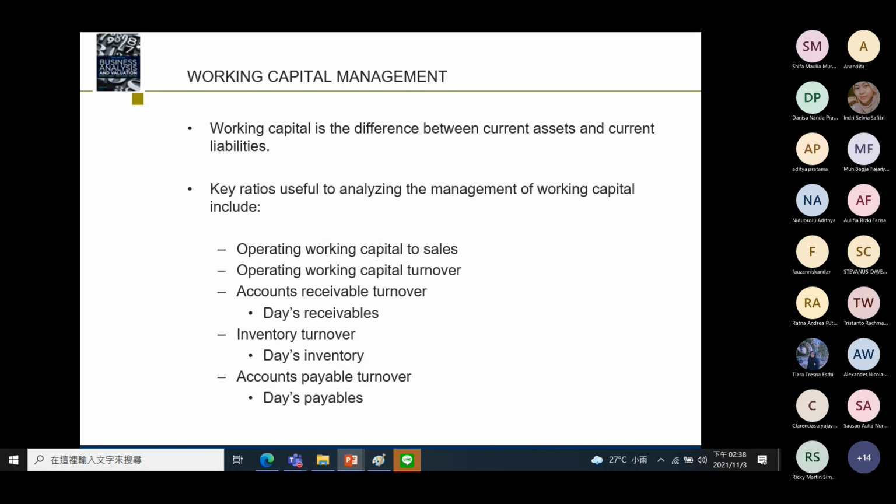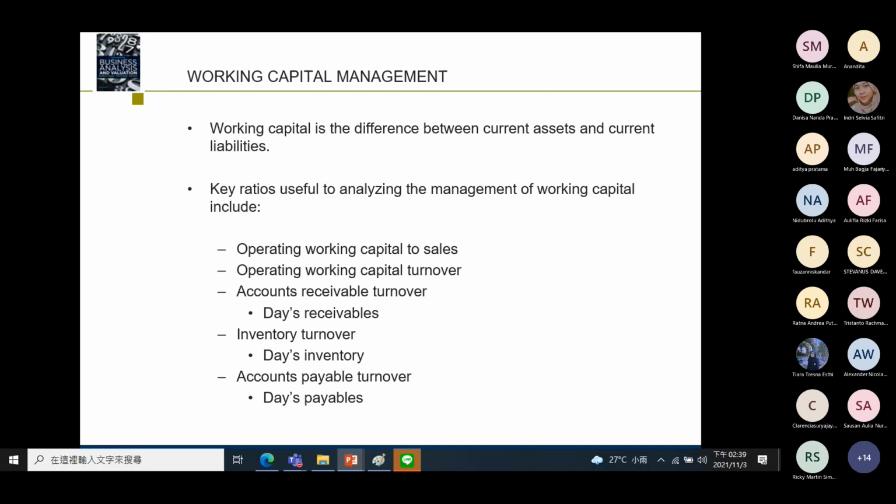Operating working capital to sales ratios. The definitions of these ratios are as follows. So the first one, the operating working capital over revenue. Operating working capital turnover is defined as revenue over operating working capital.